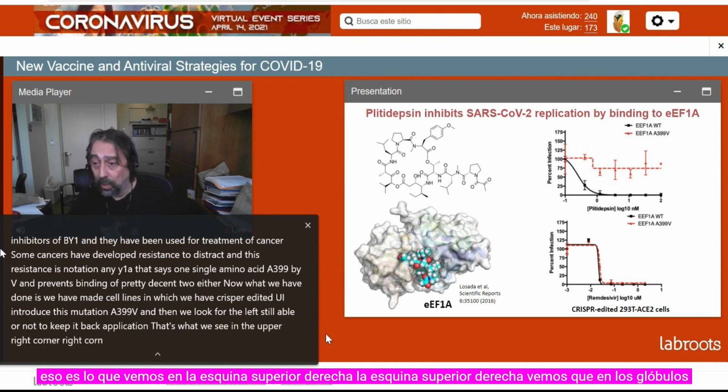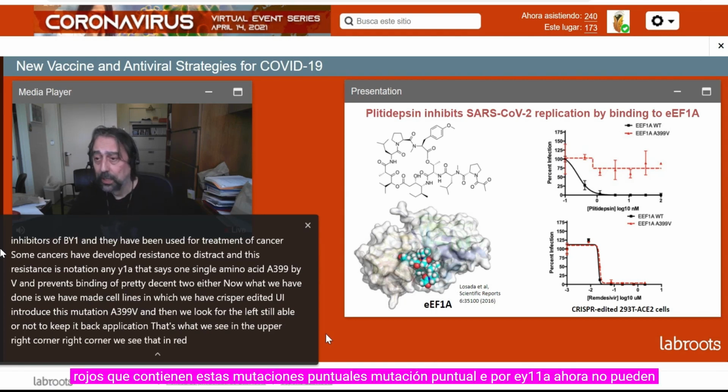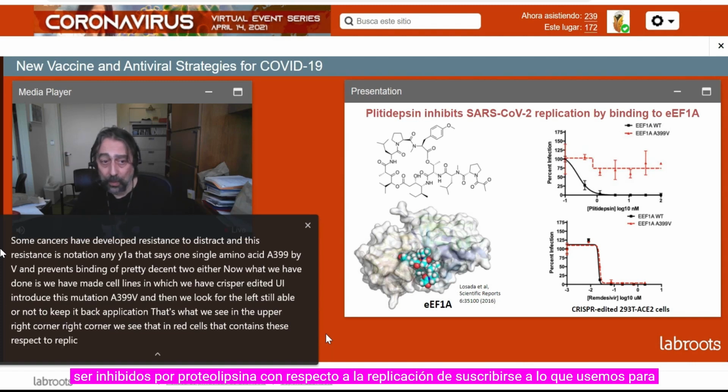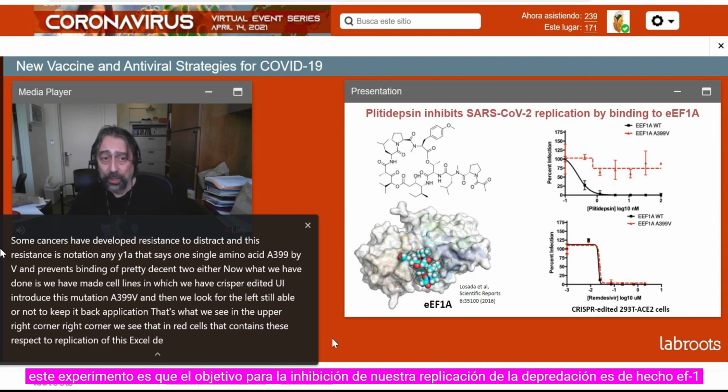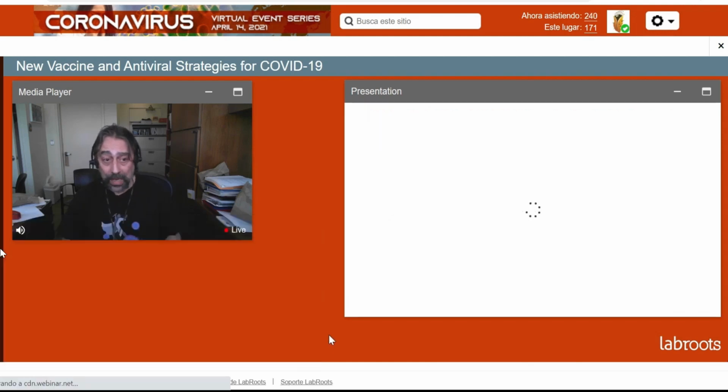In the upper right corner, we see that in red, cells that contain this single point mutation in EEF1A are now unable to be inhibited by plitidepsin with respect to replication of SARS-CoV-2. Well, if we use remdesivir in the same cell, remdesivir has no problem because it has a different target. So what these experiments demonstrate is that the target for inhibition of viral replication of plitidepsin is indeed EEF1A.